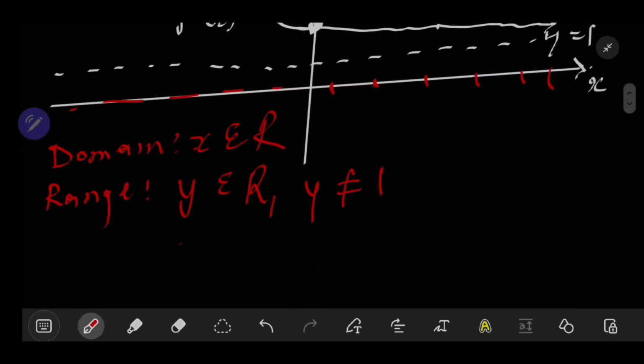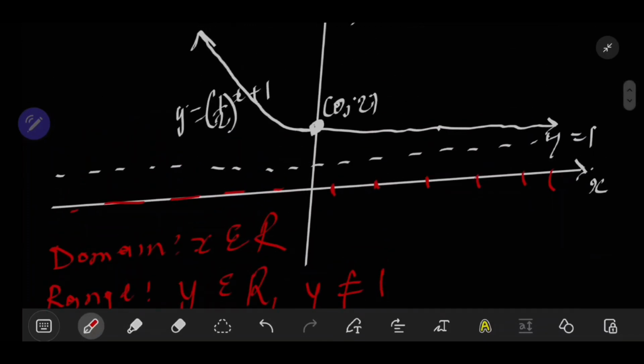Or one can say y is an element of, from, we don't include 1, up until positive infinity, because anything from 1 going down, there is no graph there. But from above 1 going upwards, then we have a function there.